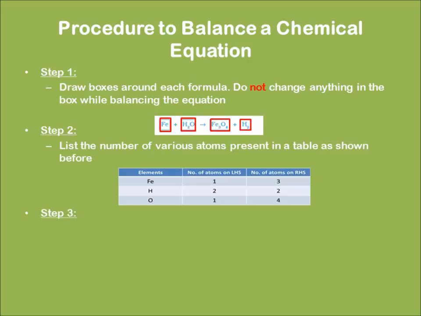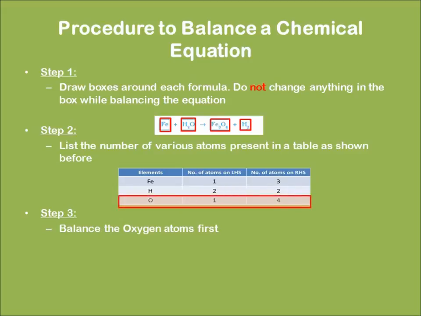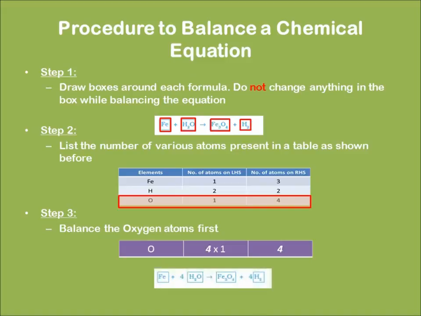Step number 3. Start balancing by balancing the oxygen atoms first. Observe the table. One can clearly see that we have 4 atoms of oxygen on the right and 1 atom of oxygen on the left. So to balance it, I multiply it by 4 on the left. So my equation becomes the following one.